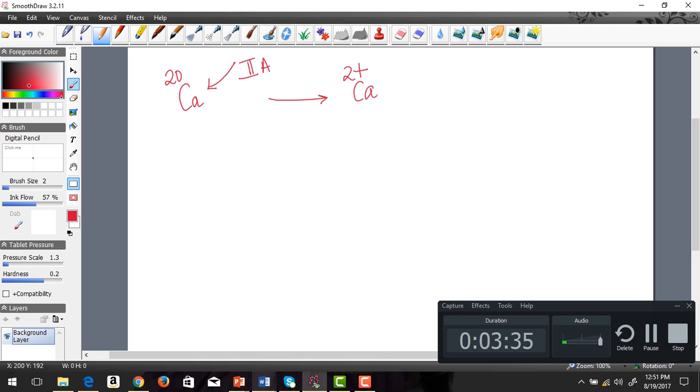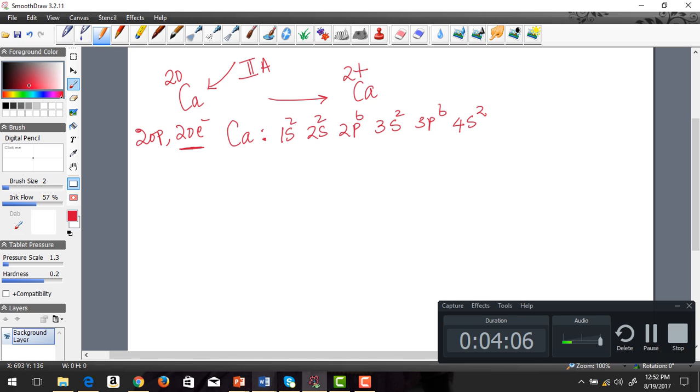So again, for people that are still getting used to the idea of configuration, go ahead and write the regular configuration, which means it's got 20 protons and 20 electrons, and I've emphasized we focus on the electrons. You use your electronic configuration notation: 1s2, 2s2, 2p6, 3s2, 3p6, that is 18, and 4s2.